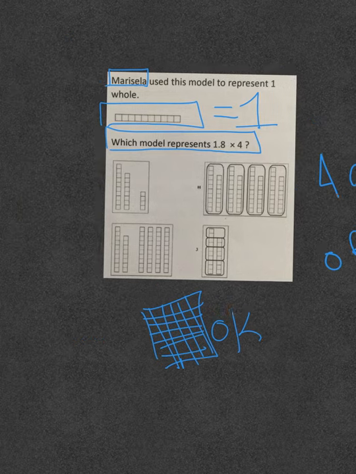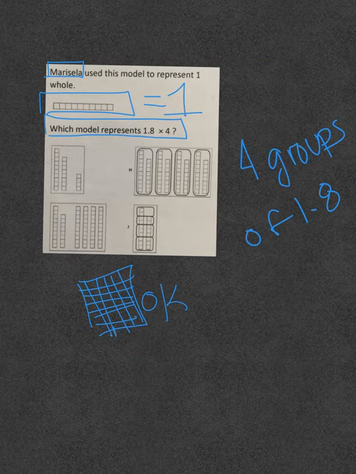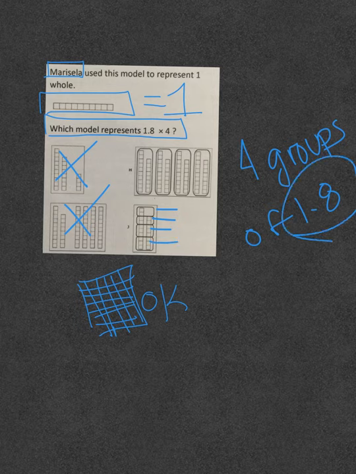So looking at the answer choices, do I have any that have 4 groups? Nope. Nope. Well, this one does have 4 groups. 1, 2, 3, 4. But it's not 4 groups of 1 and 8/10. H has 1, 2, 3, 4. It does have 4 groups.